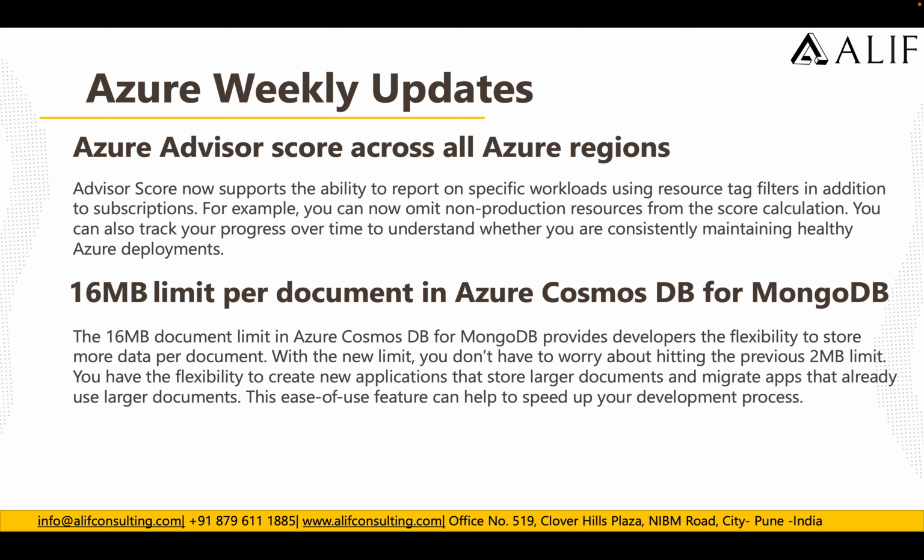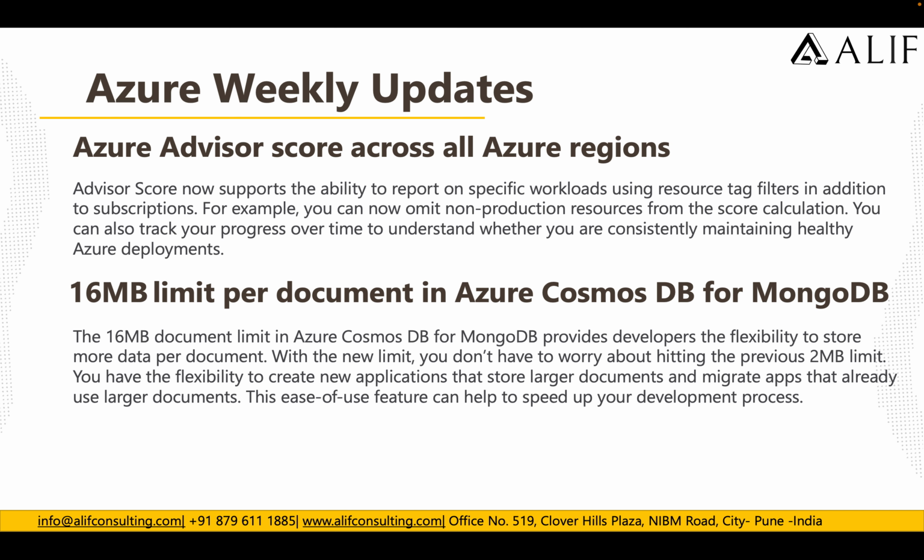Another update which we have is that we now have a 60 MB limit per document in Cosmos DB for MongoDB. Earlier this limit was only 2 MB, right? And that's where it was not able to store large documents, and that's where the concern was, because 2 MB is a very small limit for storing any kind of document.